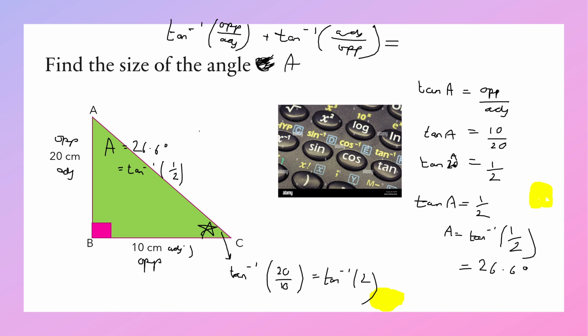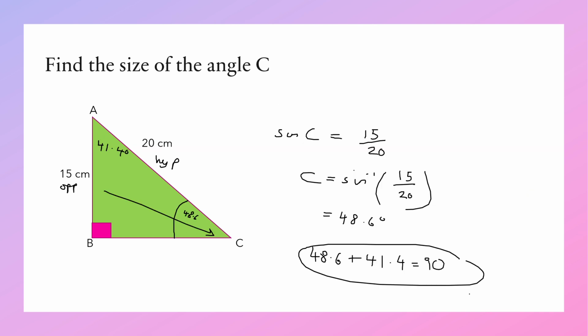Well, these two are going to give me 90 degrees. Now I can prove that because tan inverse 2 equals 63.4, and if I add these two together they give me 90 degrees. So there we go, that's it. That's all there is to it.